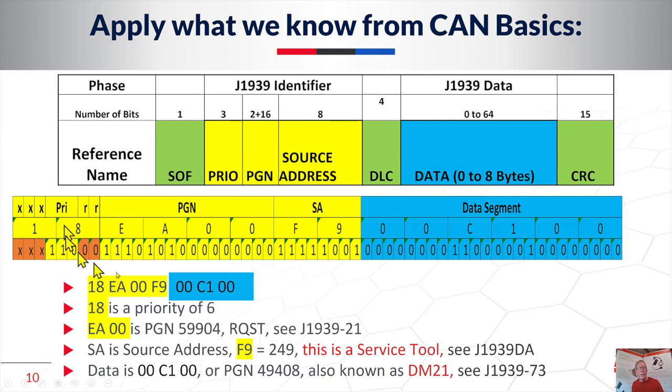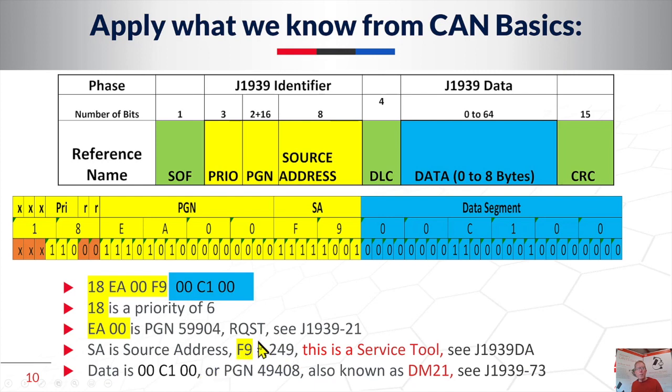In our identifier, our PGN is EA00, as shown here. It translates to decimal 59904, the request PGN as identified in J1939-21. And source address F9, in this case, identified in the J1939 digital annex.